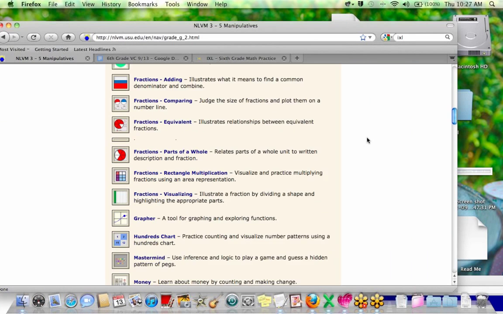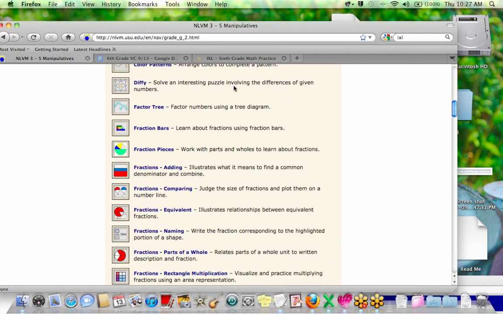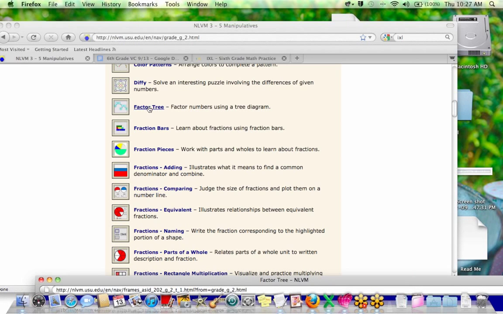Factor tree. Okay. So most of you have already started this assignment, not everybody.